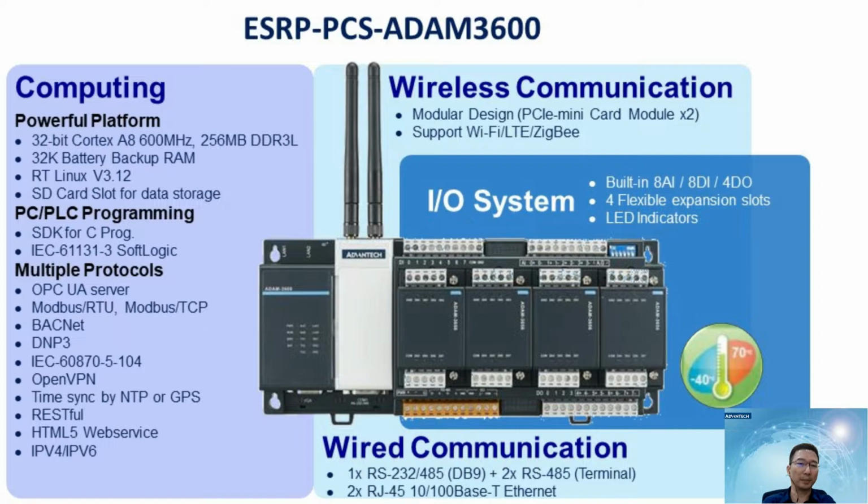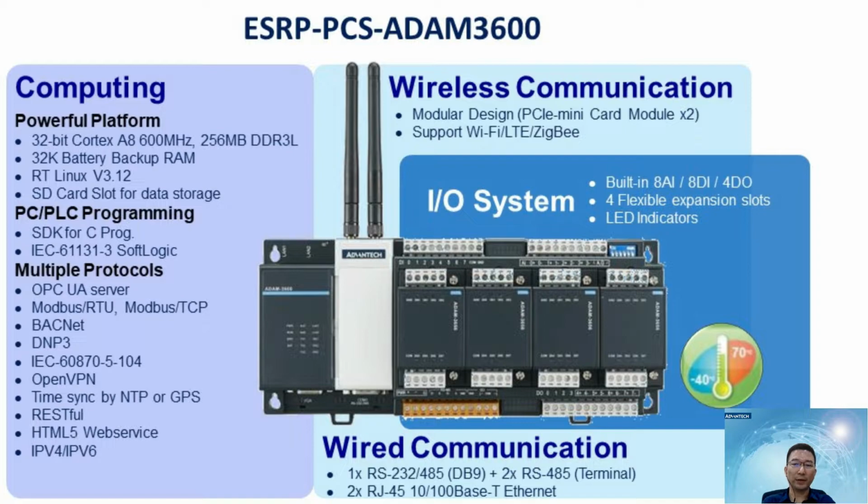We also support multiple protocols like OPC UA server, Modbus RTU, Modbus TCP, BACnet, DNP3, and OpenVPN, and so on and so forth. We also support wireless communication. We provide two PCIe mini card modules which support Wi-Fi, LTE, and Zigbee. In this module, we are also able to plug in a multiple selection of I/O like AI, DI, or DO.